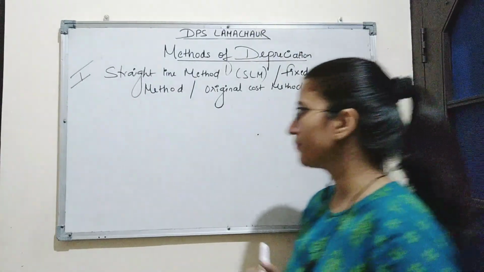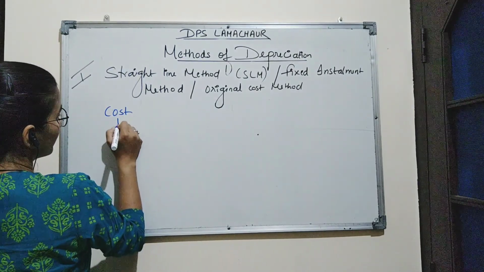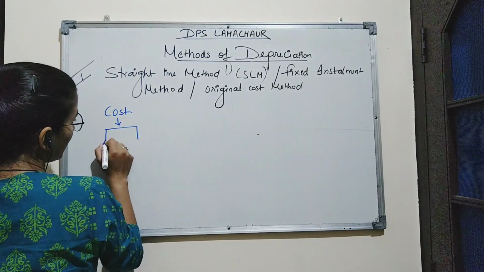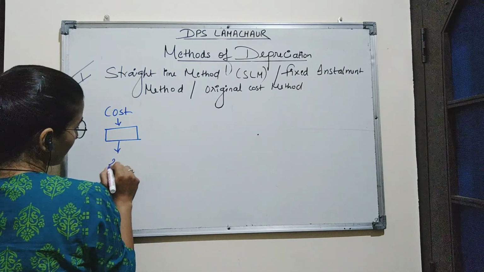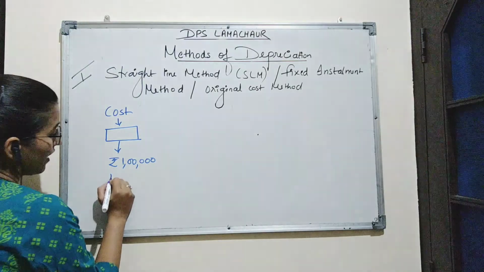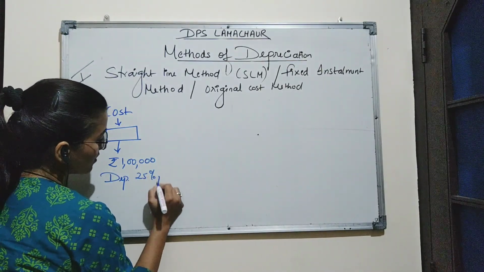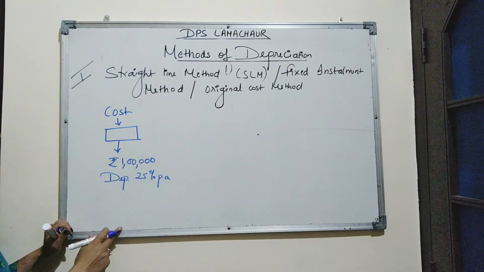Let's suppose the cost of machinery is rupees 1 lakh and depreciation is 25% per annum.